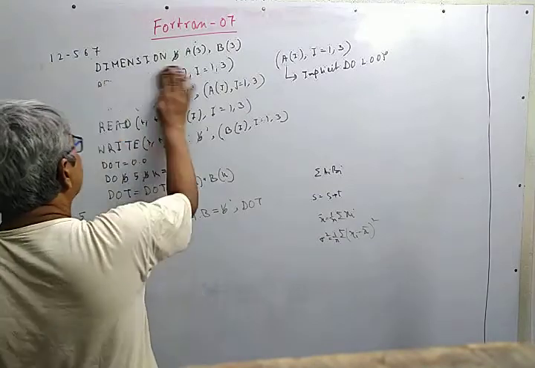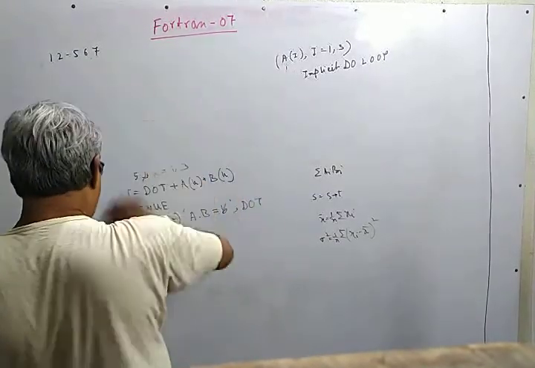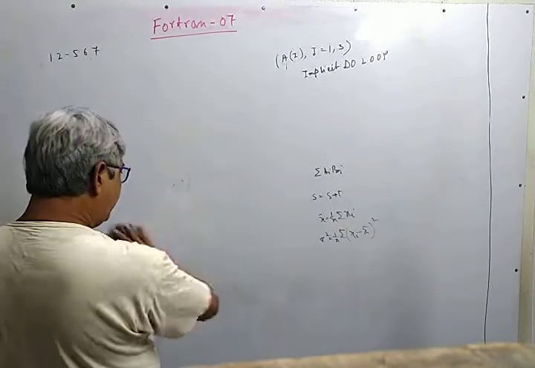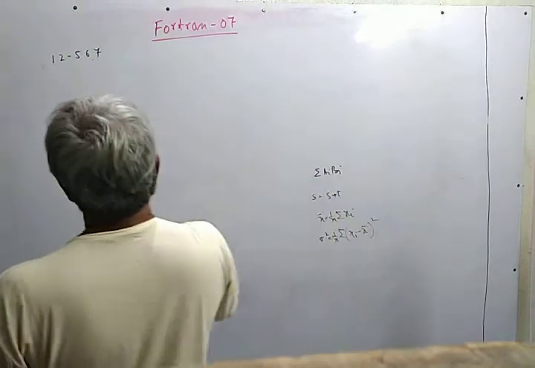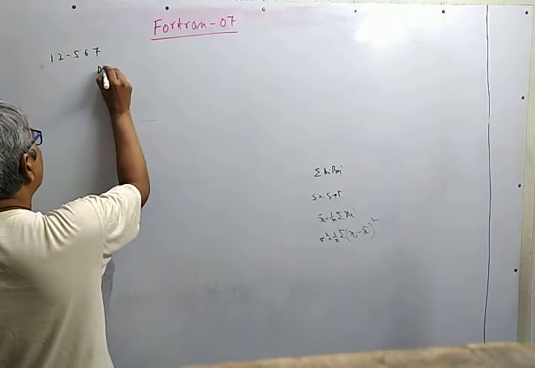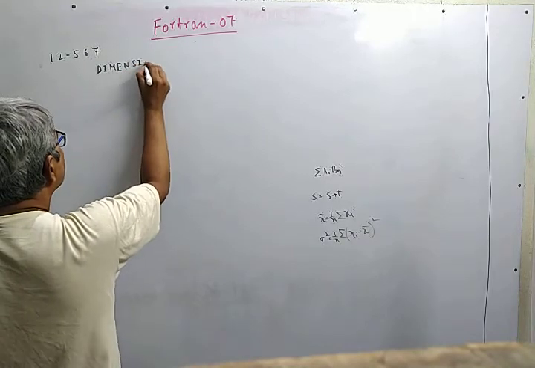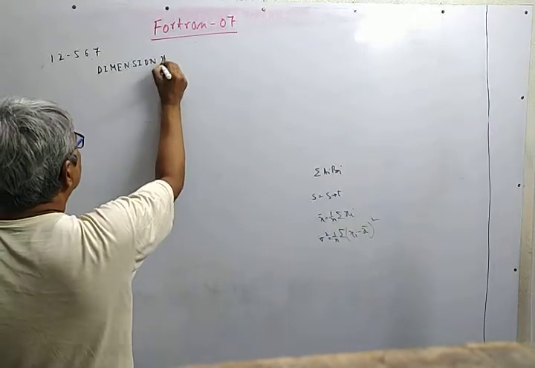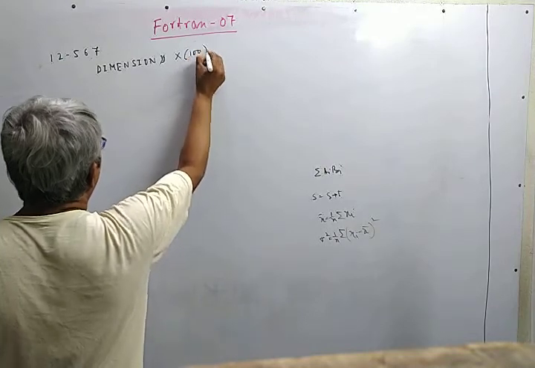First I write the dimension statement. If we denote the variable by x, then it is a real variable. So first thing is that x can at most have 100 values.